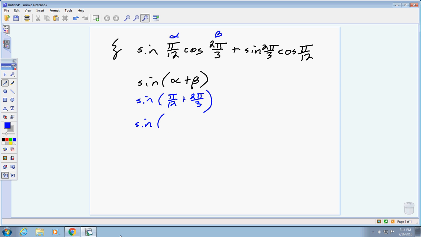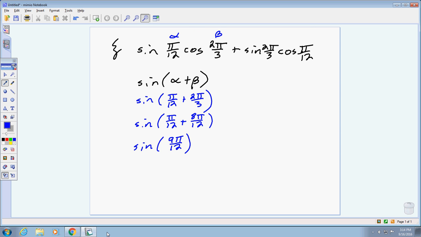Like I said, this one probably won't work out, but if I do this, we've got a common denominator of 12, so I get pi over 12 plus 8 pi over 12, sorry. So now, the sine of 9 pi over 12, what do you notice about the 9 pi over 12?